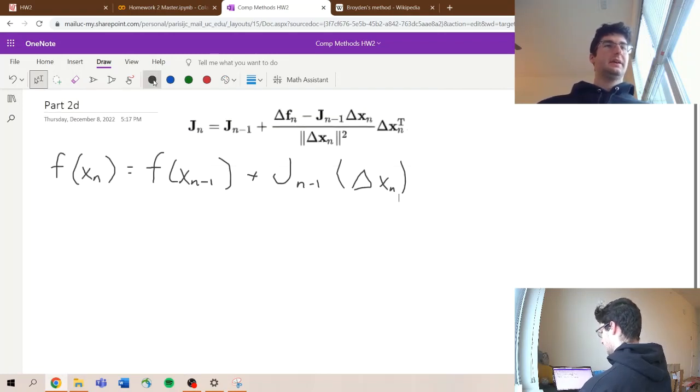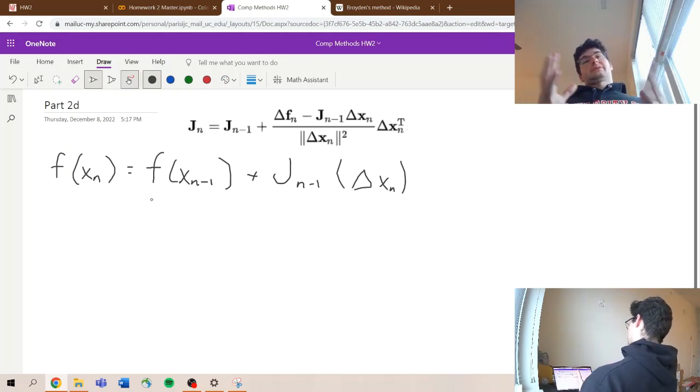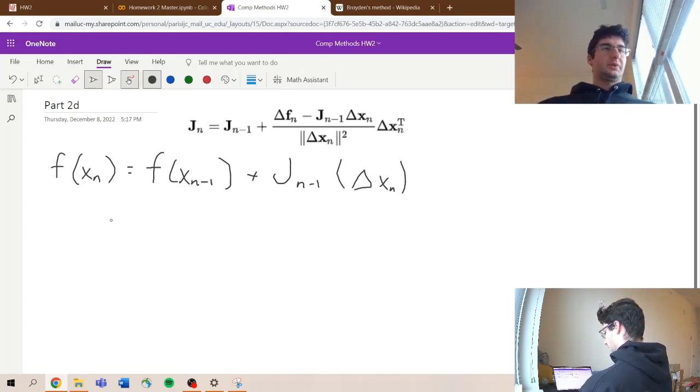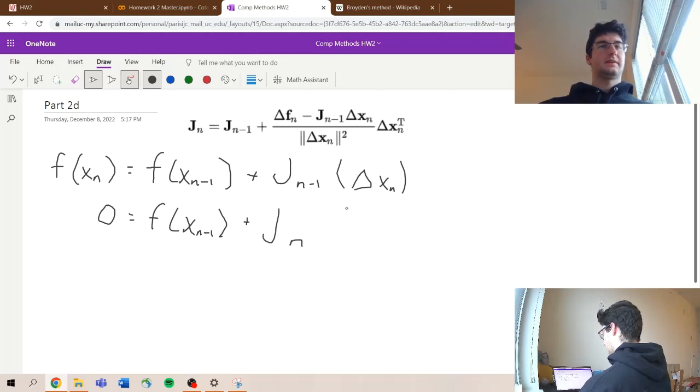Now, when it works, what we want to find is that f of x_n equals 0. We want that to equal 0 at f of x_(n-1) plus this Jacobian J_n times the difference. Actually, let me write out that difference.